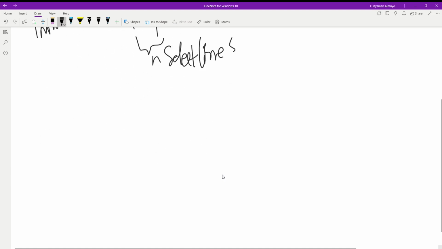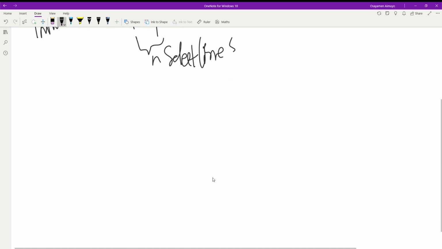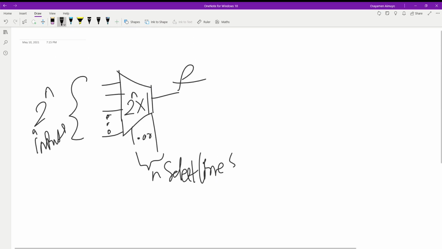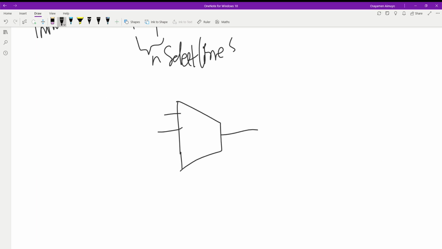Okay, so now what does this component do? First of all, let's just consider a 4x1 mux, right? A 4x1 mux. So you have 4 inputs.